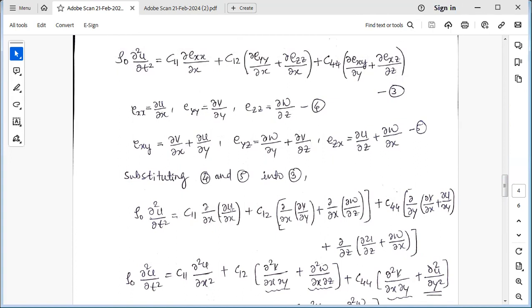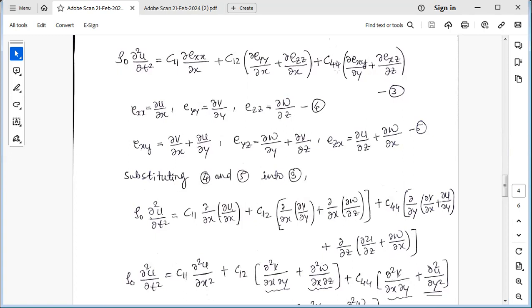Exx means ∂u/∂x, that you are substituting. Plus C12 ∂/∂x of Eyy. Eyy means ∂v/∂y, that we have to substitute. Plus ∂/∂x of Ezz. Ezz means ∂w/∂z. So in this way you substitute.